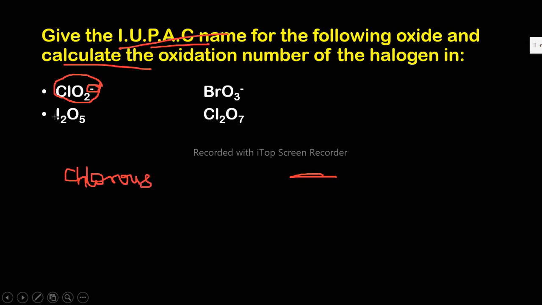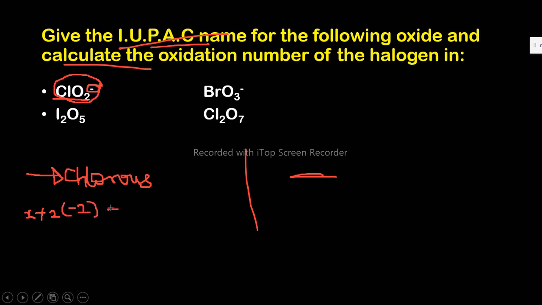Now this is a chlorite, but most of you wrote this and forgot to include the oxidation state of chlorine in the whole of this. It must be there. So that's where you need to find the oxidation state. If we don't know it, we shall relate the oxidation state of chlorine to be X plus 2 into the oxidation state of oxygen.